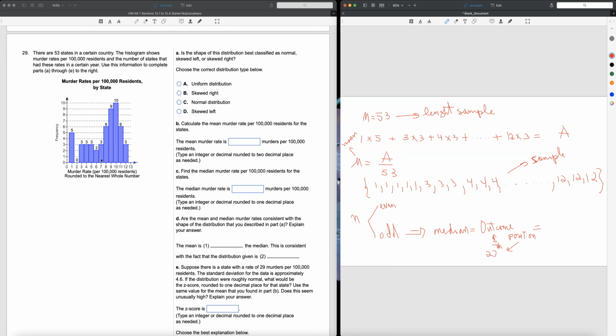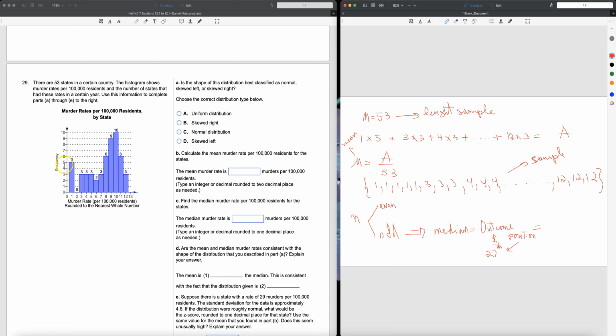Okay, let's count again. 5 plus 9 is 14. 14 plus 5, oh my error, is 19. 19 plus 6 is 25. We haven't covered that position, but for sure, in this group, we're going to cover position 27. So for position 27, the outcome was 9.